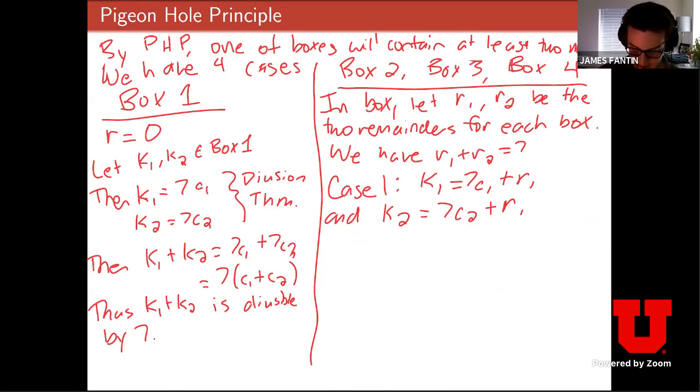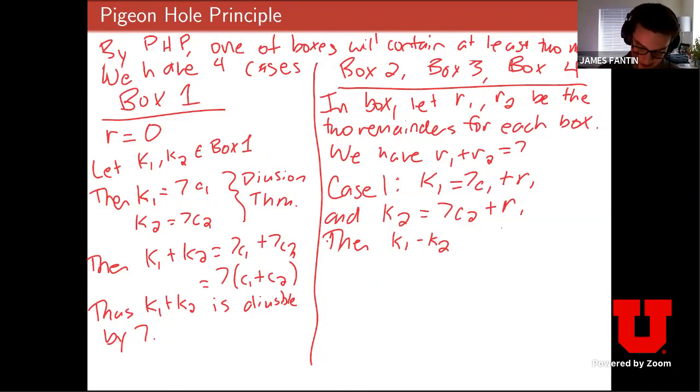So for the case, we have that R1 is equal to R1. And then K1 plus K2 is equal to 7 C1 plus C2 plus, whoops, that won't work for sum. So this is where we're going to use difference for this case here. We can either show that the sum or difference of any two integers is divisible by 7.